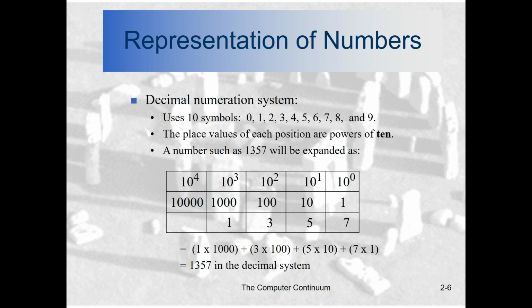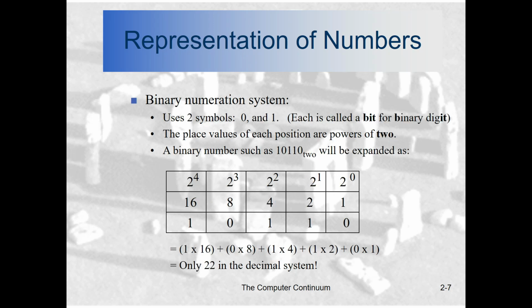In a similar way, we can also use this in binary format. Here you can see the digits 1, 0, 1, 1, 0. We use 2 raised to power 0, 1, 2, 3, and 4 to represent 1, 2, 4, 8, and 16. By combining these numbers, we can represent any number by switching different binary digits on and off.